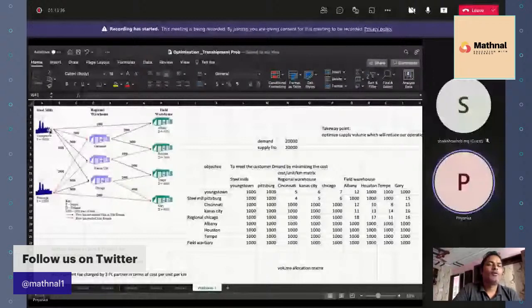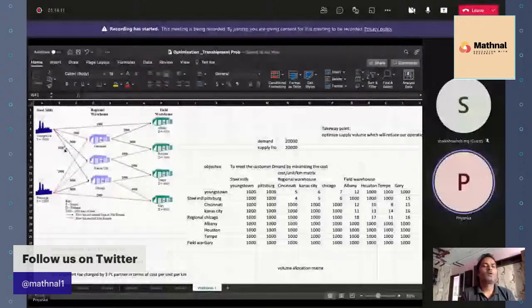Look at the flow from Pittsburgh to Cincinnati: 2,000. Total incoming is 5,000. Similarly, for Kansas, incoming is 3,000 and 3,000, 6,000. So 6,000 plus 5,000, 11,000. What about Chicago? 3,000, 3,000, 6,000. 6,000 plus 11,000, 17,000.